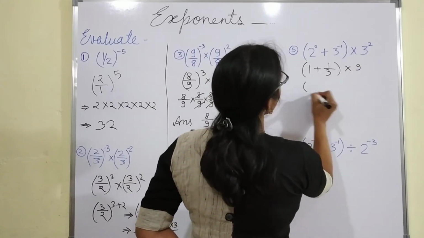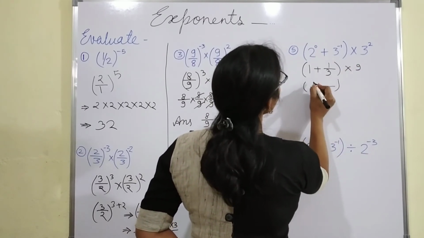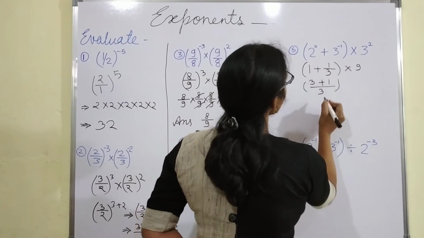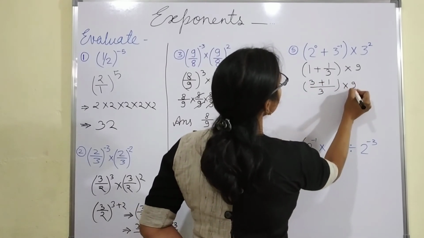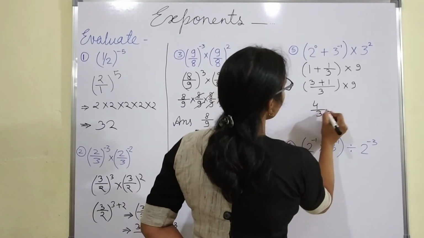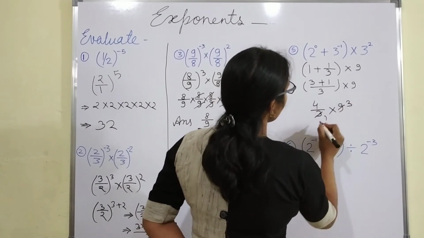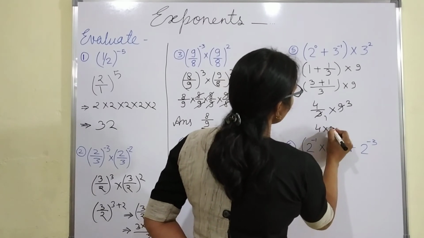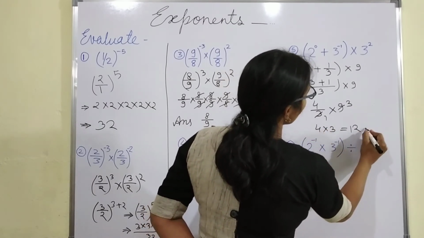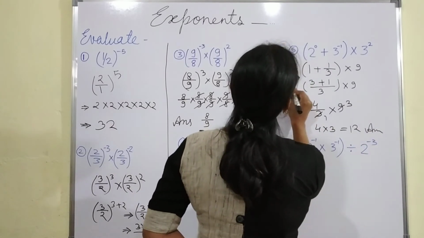So these are 9. Now solve it. 3 plus 1 into 9. So 4 upon 3 into 9. 3 ones are 3, 3 threes are 9. Now the answer is 4 into 3, that is 12. So it is your answer.